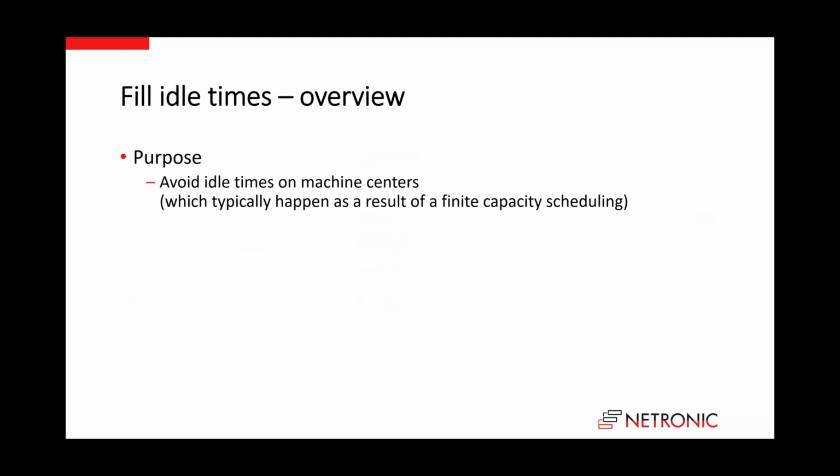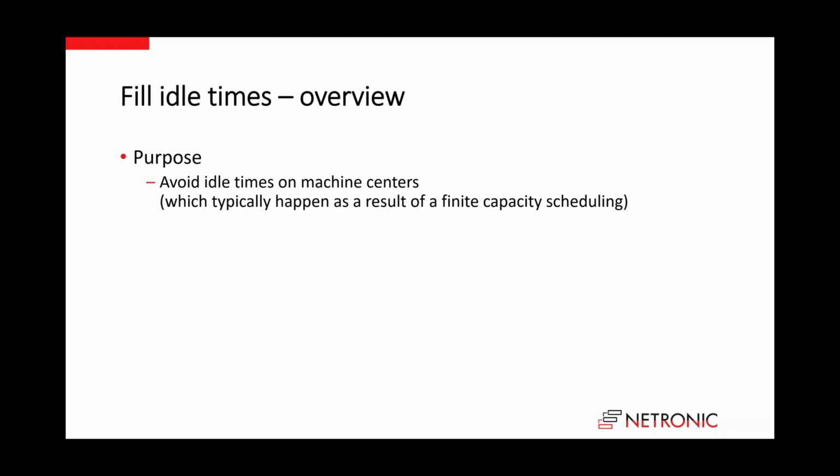So the fill idle times functionality is similar to this, but also different. The similarity is that it deals with multiple production orders in one go, and the purpose is to avoid idle times on machine centers.